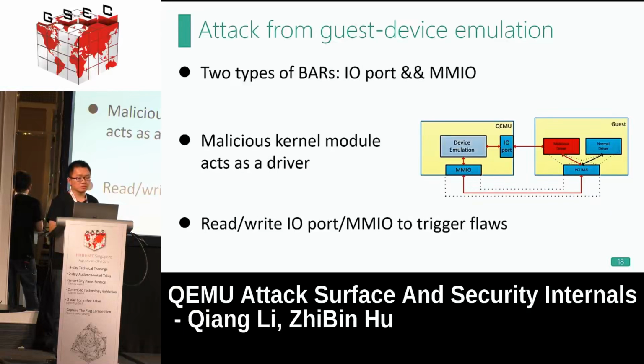So the attacker, for example, has control of the whole system of the guest virtual machine. So he can insert a malicious kernel module just to act as a driver. Then he can read or write the PIO or MMIO to trigger the flaws in QEMU, just as the red line shows.